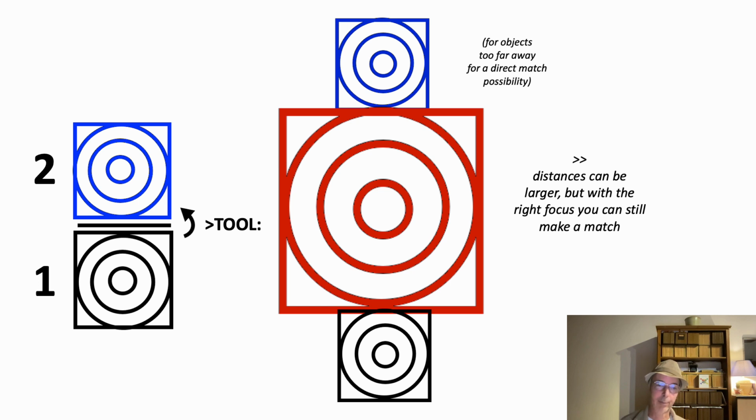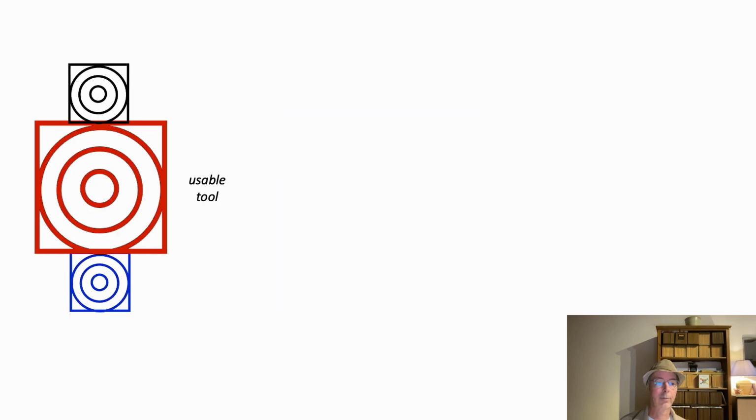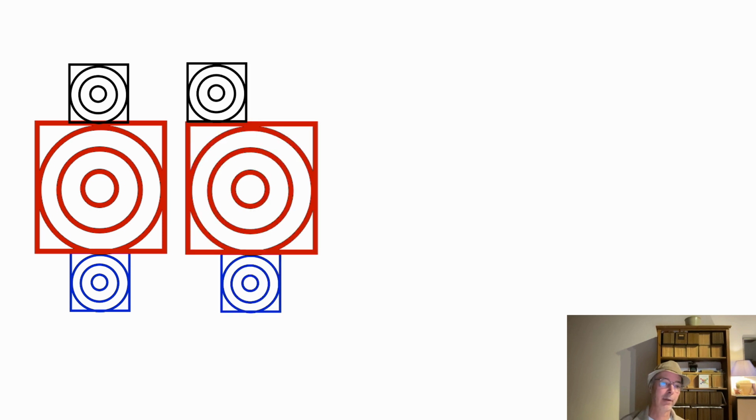We can still make a match with them, a certain match with limited usage. I will tell you what you can do with it. So we have here the usable tool. This is an example of it. Of course, you can also have a second part which is moved away from us and almost getting out of our perspective, but it's still within reach, and thanks to this tool it is completely reachable.